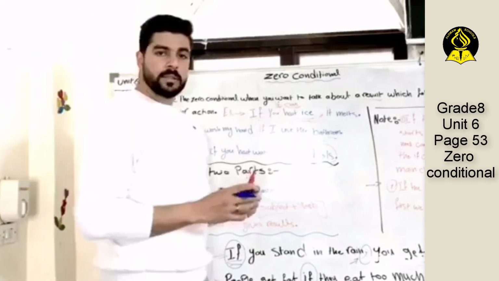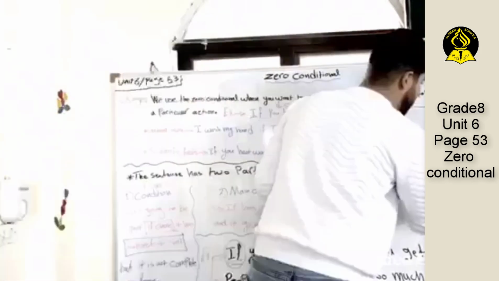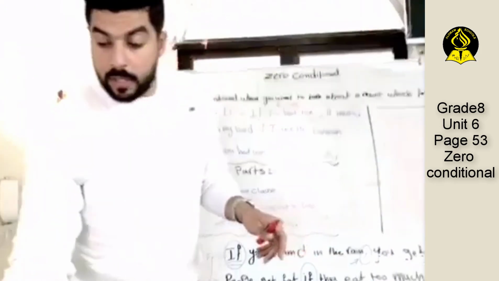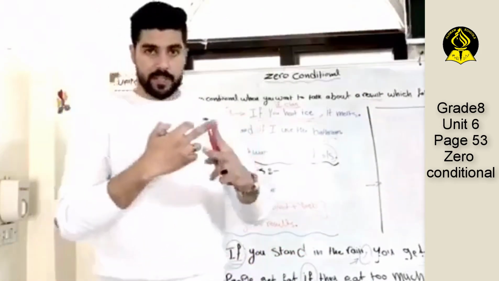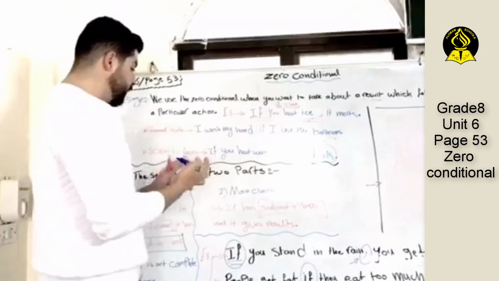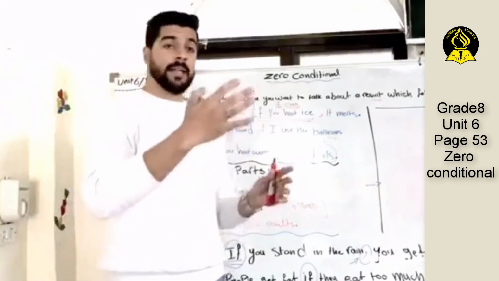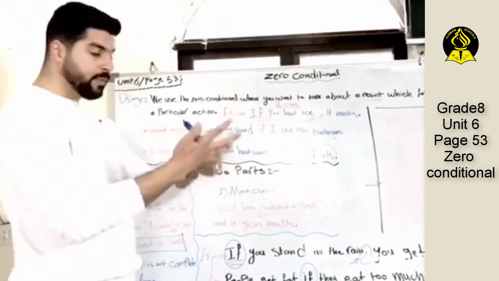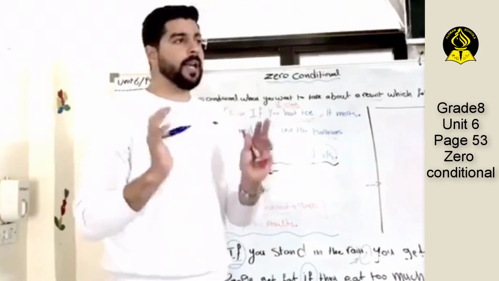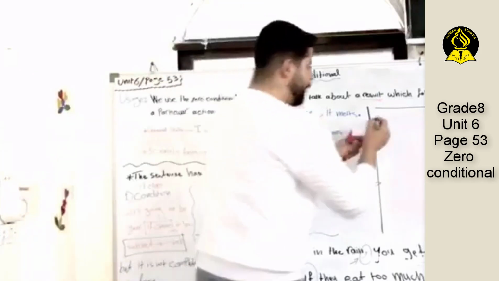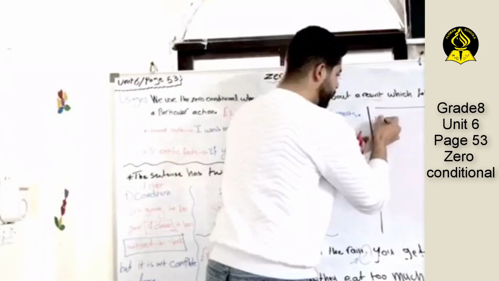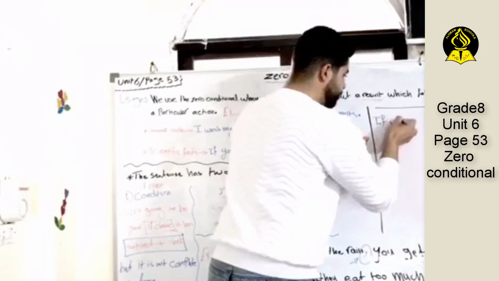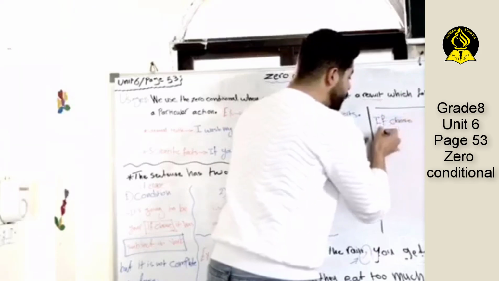We use, okay. So teacher, we have two sentences, if clause and main clause. Okay, and each one of them has what? Each one has subject and verb. Okay, so we use, teacher, with if clause, we use what?